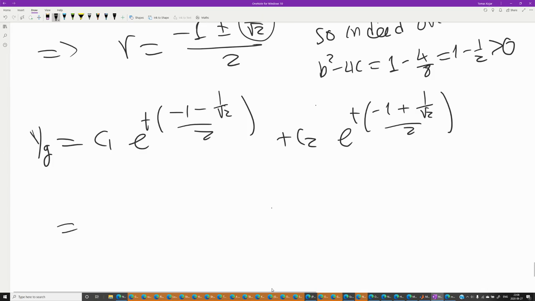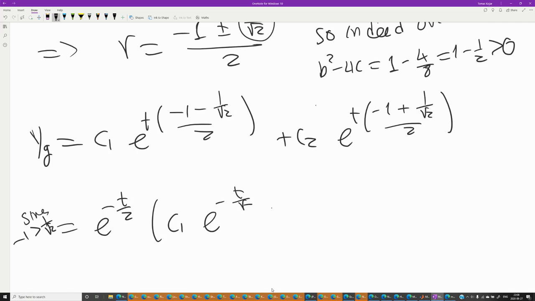And since minus 1 is bigger than 1 over square root 2, we have a dominating behavior. So this guy will go to 0.